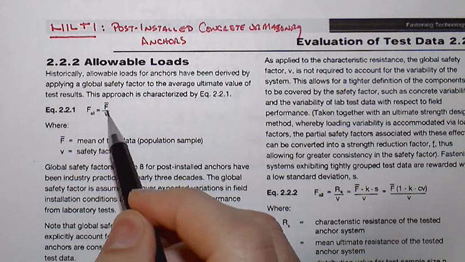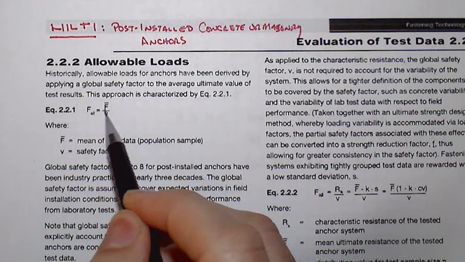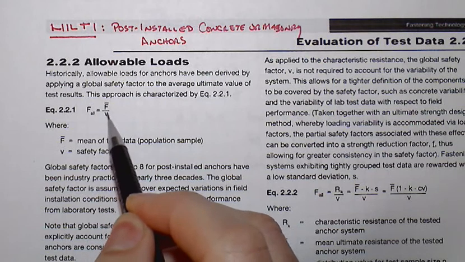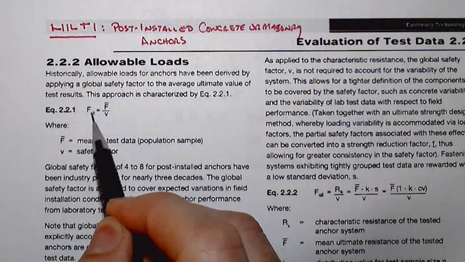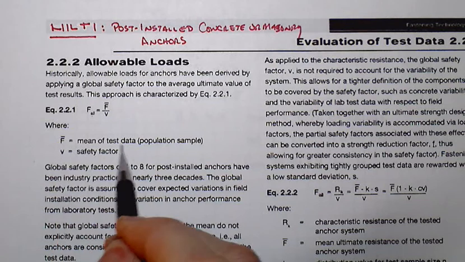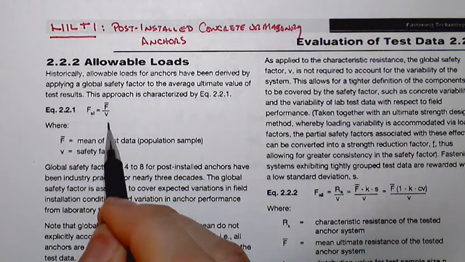For instance, there's some sort of critical value that we use for the strength of something, and then we divide that by the factor of safety, reducing that number to what we'll say is the allowable load. Right? In this particular illustration, they've used the mean of the test data, assuming that it was equal to the population mean, as their critical measure.